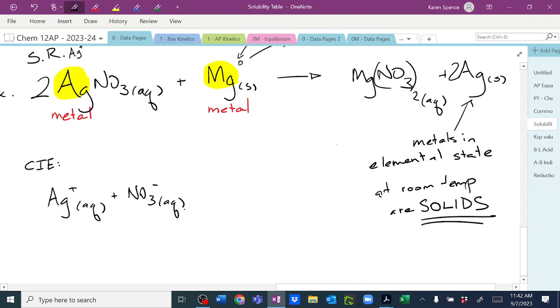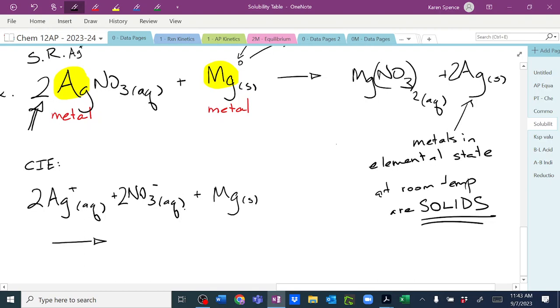Oh, I need a 2. Yes, I need a 2. Good. 2 there and 2 there. All right, what else have I got? Plus Mg solid. There's our reactants.